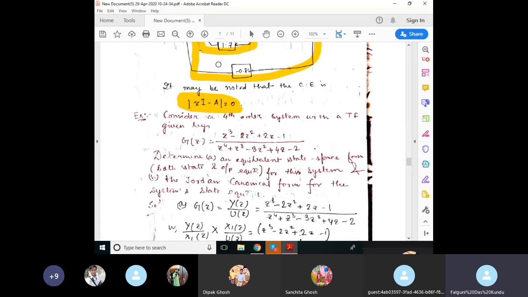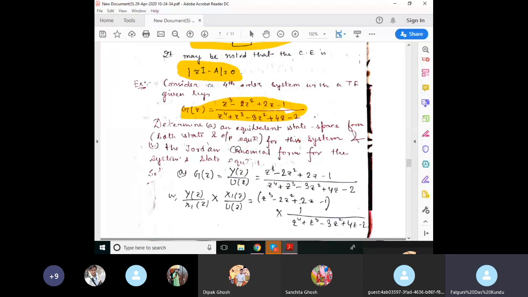Now if we consider a fourth order system with a transfer function given by this, the question is to determine an equivalent state space form, both state and output equation for the system, and the Jordan canonical form for the system state equation. So G(z) is Y(z) by U(z), nothing but this.